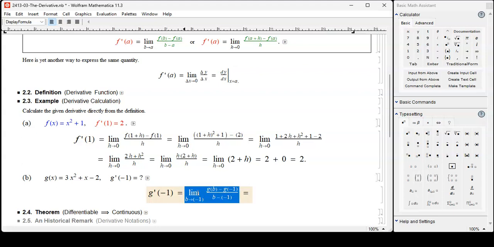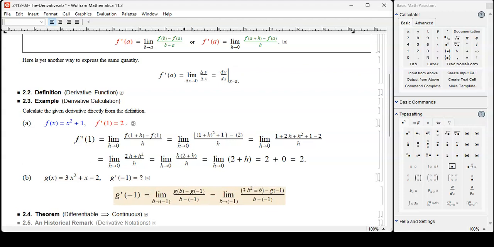Now, what is g of b? Well, right here, plug in x equal to b, then I'm going to get 3b squared plus b minus 2. Did I do this right? And then g prime, I want g prime of -1, so I want g of -1 here, plug in -1 here, what do you get? -1 squared, positive 1.